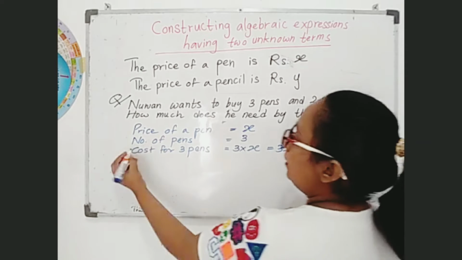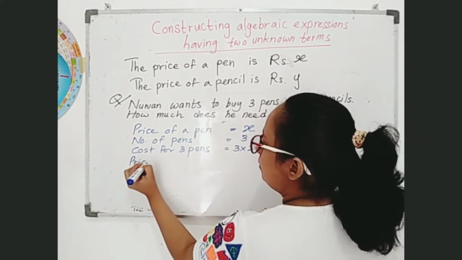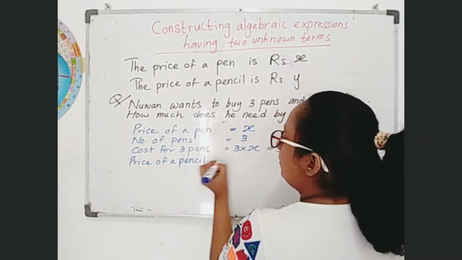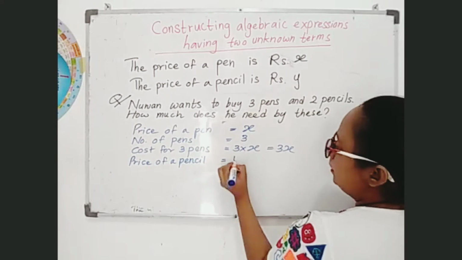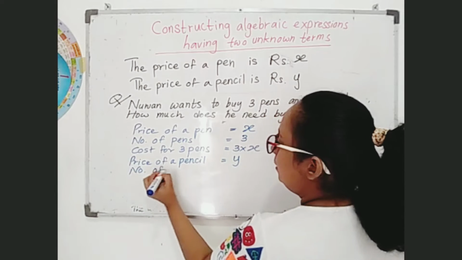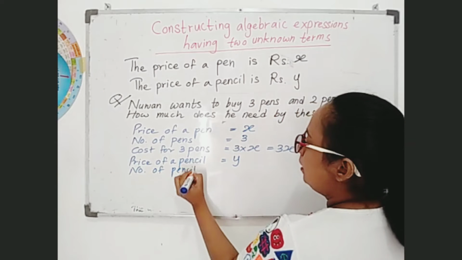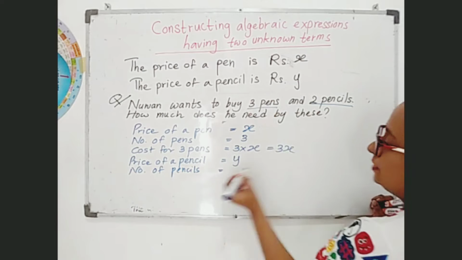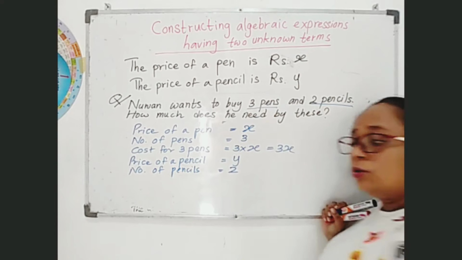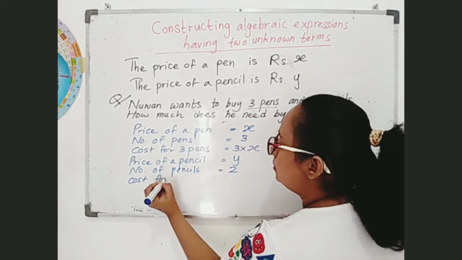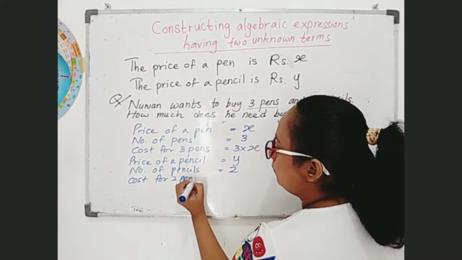Then we'll write price of a pencil. Price of a pencil is Y rupees. And number of pencils he is buying is 2 pencils. 3 pens and 2 pencils. So 2. So cost for 2 pencils. Pencil දෙකකට කීයක් වැටෙනවද?